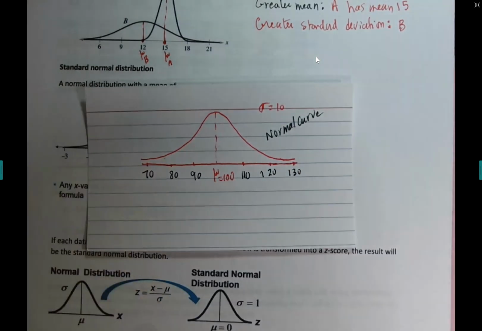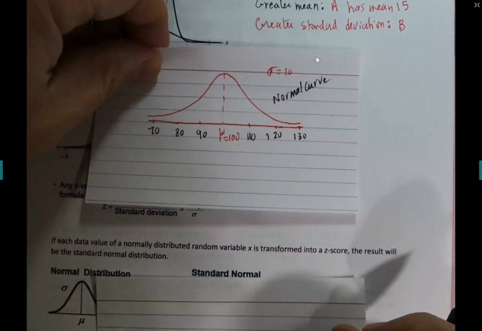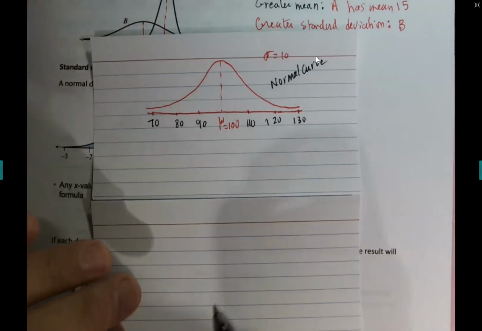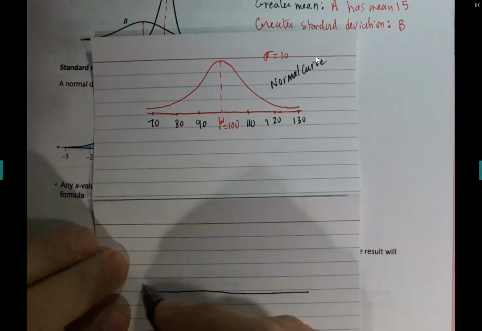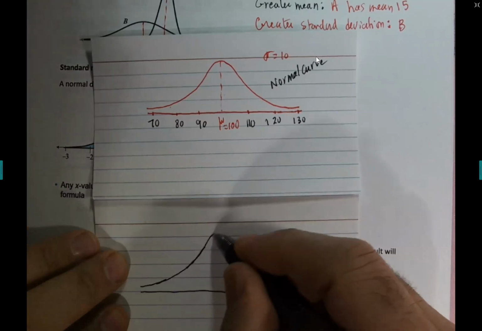Now let me get another index card and show you what the standard normal curve is. So I'm going to sketch it right here. Please pay attention to this. That's very, very important. I'm going to sketch the exact same graph, guys.